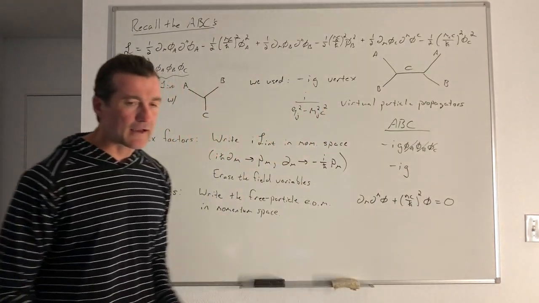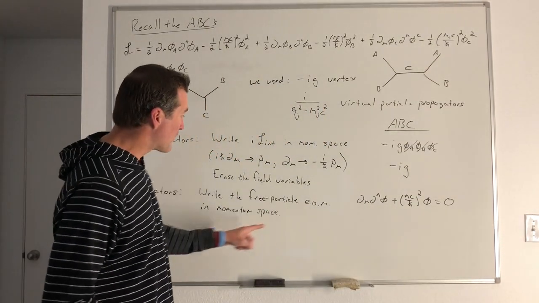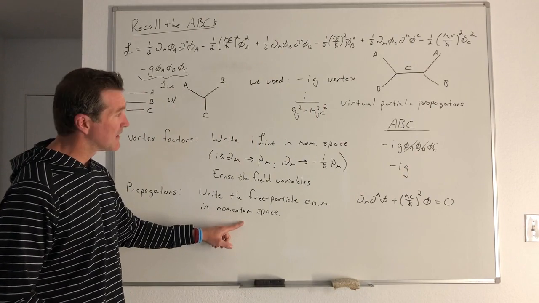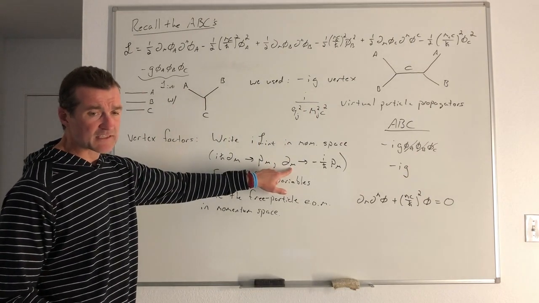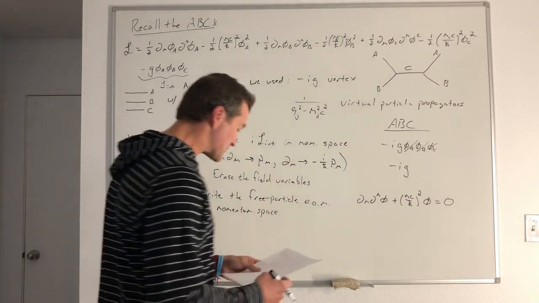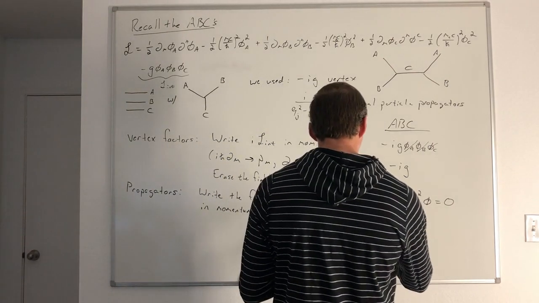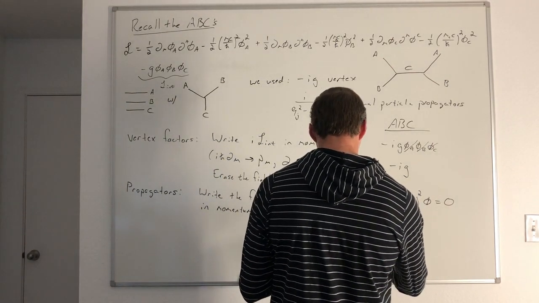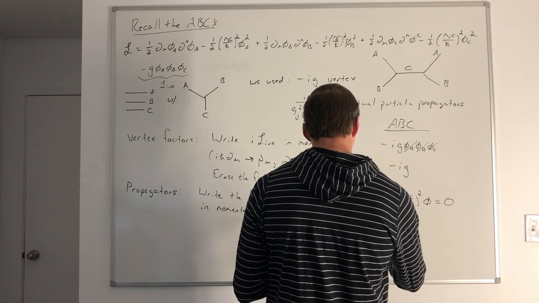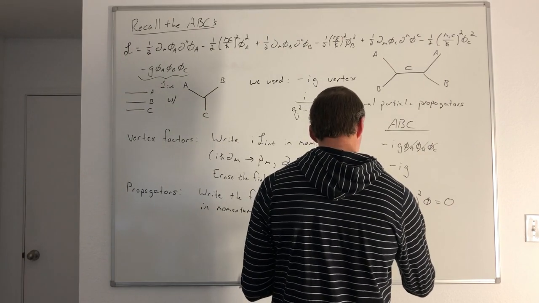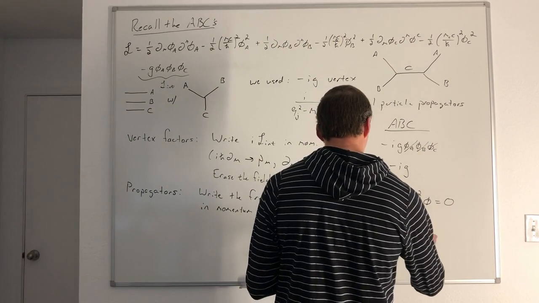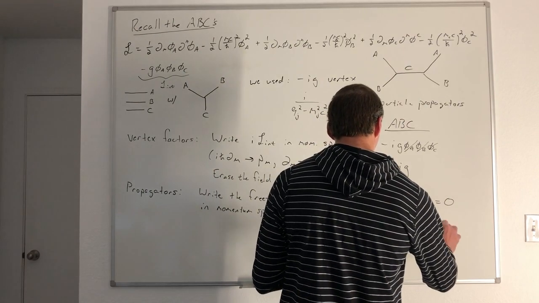Okay, so that's the Klein-Gordon equation, but we want to put it in momentum space. So we again do this replacement of all derivatives with minus i over h bar p mu. So this is going to become p squared minus mc squared all on phi.